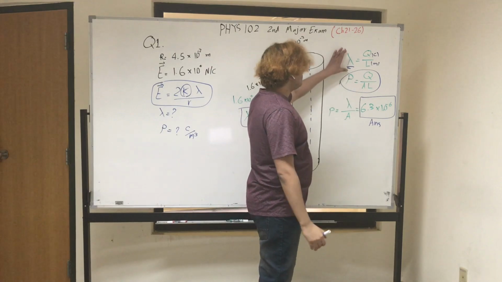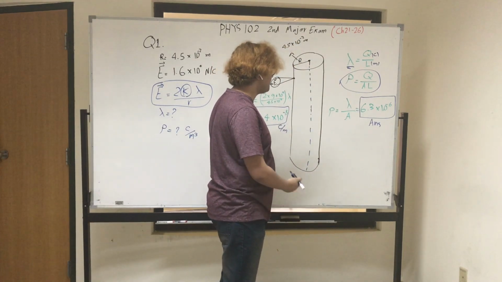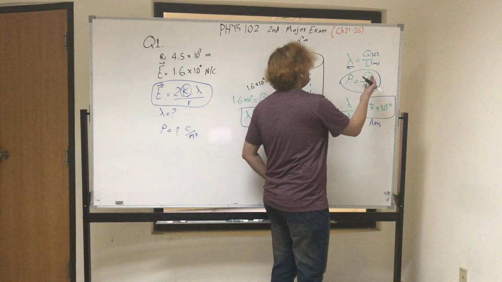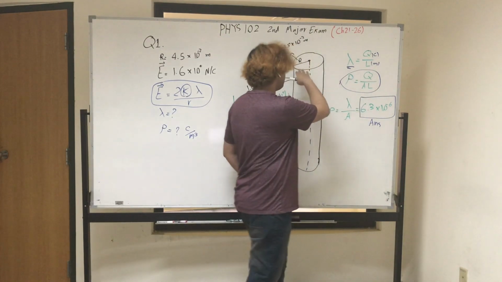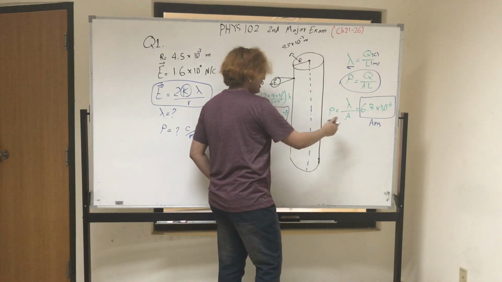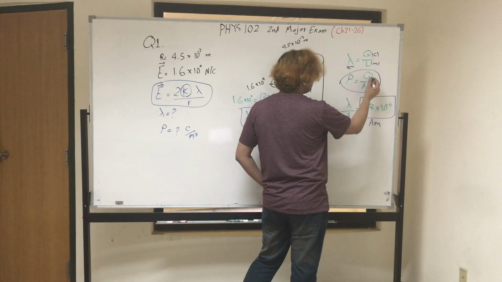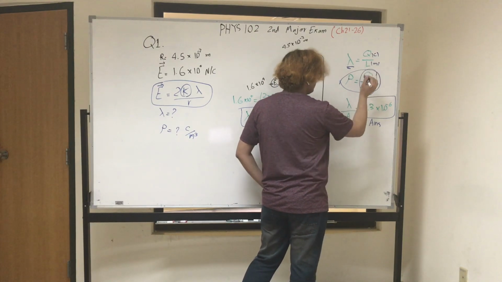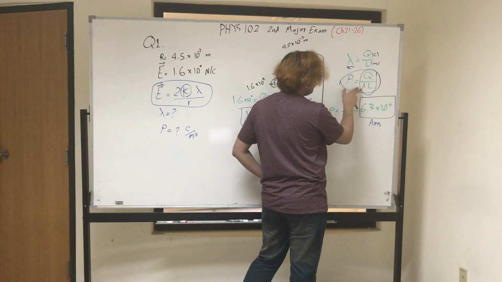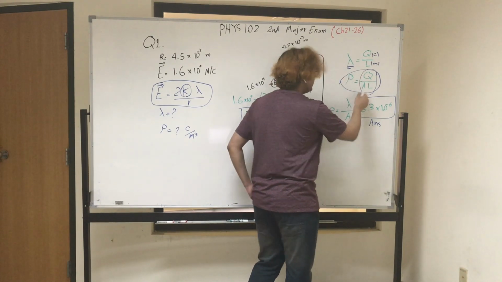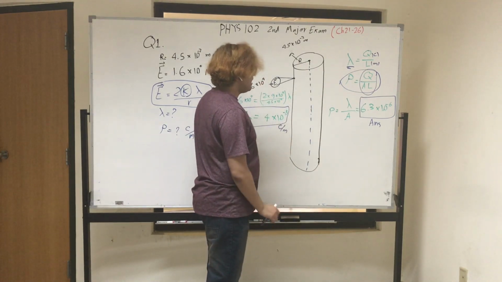After we have this, we're just one step away from the answer. What we're going to do is divide lambda by the cross-sectional area of the rod. If we divide lambda by A, we get Q over A times L. A is the cross-sectional area, and L is the length of the cylinder.